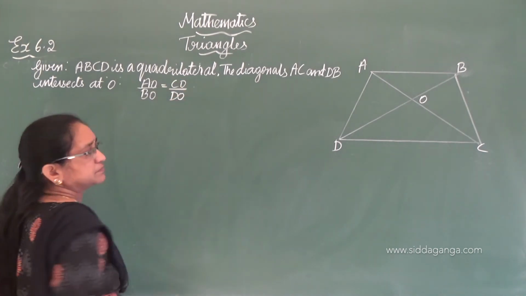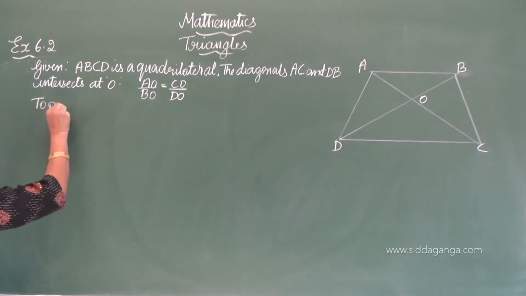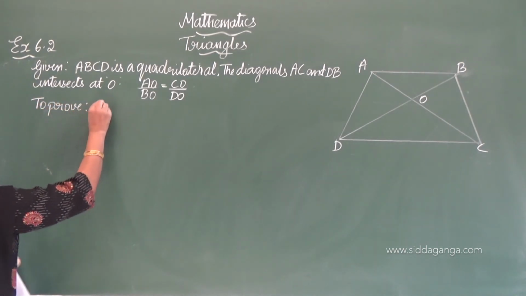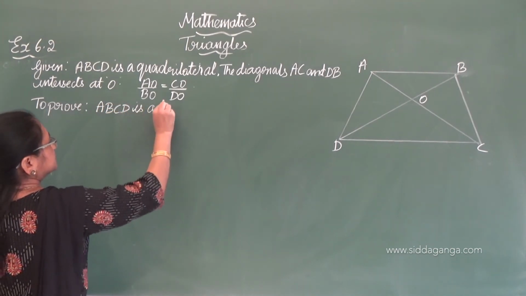This is also given. Okay. To prove, what do you have to prove? You have to prove that ABCD is a trapezium.